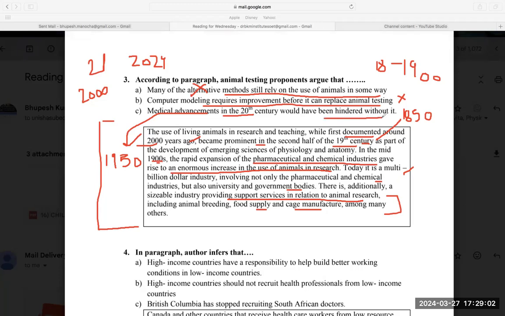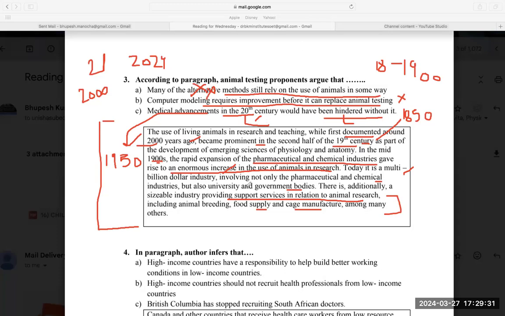None of the three options look like an answer, but the only thing I can choose is this, because it is because of animals that there was an increase. If animals had not been there in the 1900s, it would have hindered progress. Hindered means it would have stopped the progress. Other than that, I cannot find any word like alternative methods still rely on the use of animals.